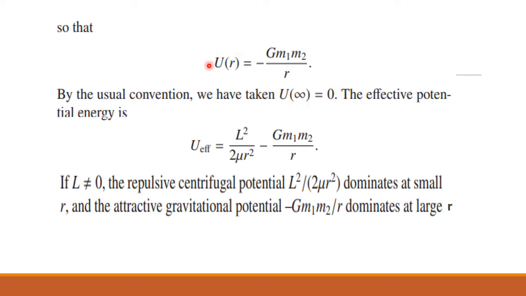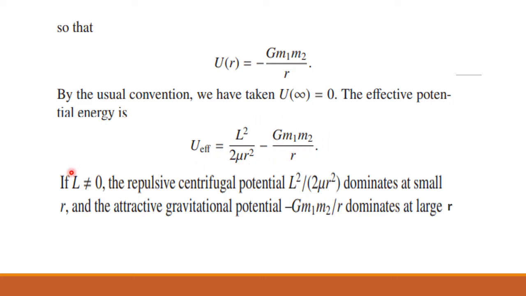So U(r), the gravitational potential energy at the position r, is defined by the relation minus G m1 m2 by r. Now we know the effective potential energy has another term, the centrifugal term, which is L squared by 2 mu r squared, minus G m1 m2 by r. This is the effective potential, this is the centrifugal potential and this is the true potential.